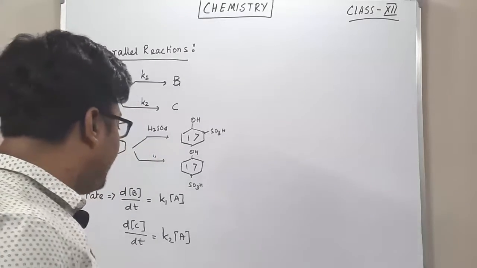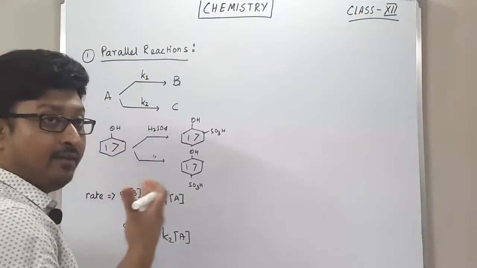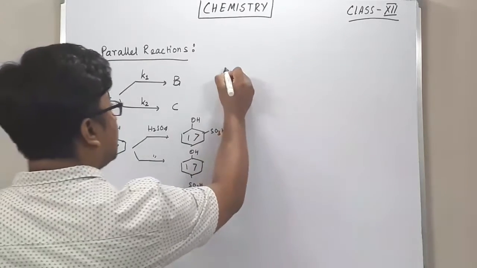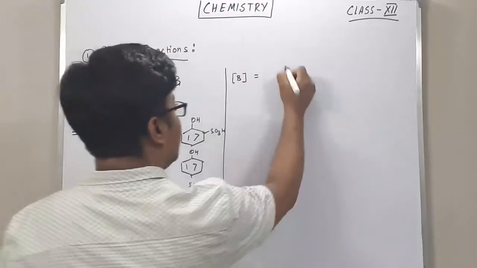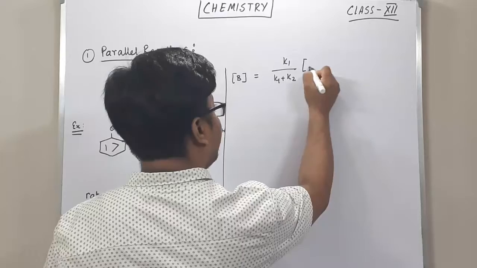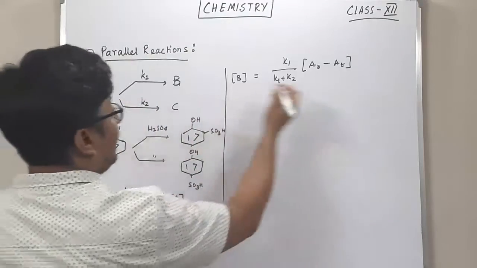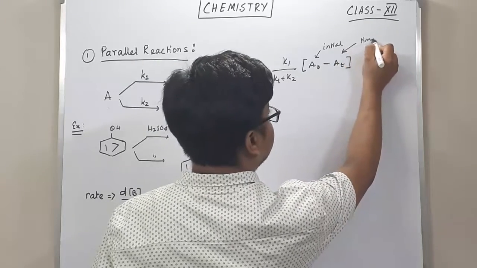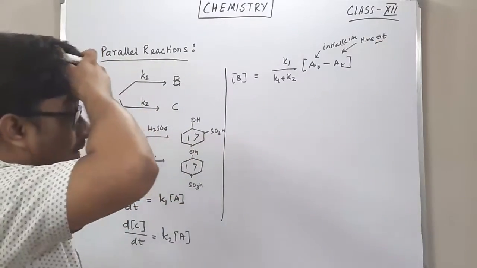If I do a calculation and integrate, solving this differential equation, the expression we get is concentration of B equals K1 divided by K1 plus K2 multiplied by [A]0 minus [A]t, where [A]0 is the initial concentration of A and [A]t is the concentration at time t.